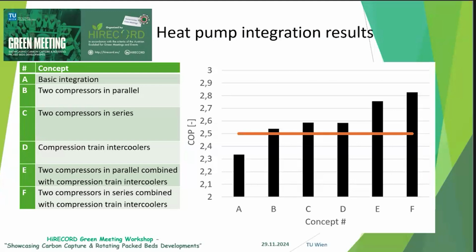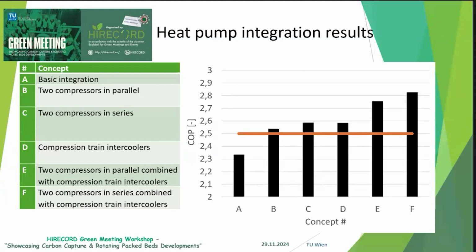What you can see is that all concepts except for the basic integration concept are able to achieve this COP of 2.5. But in the end, I selected the most promising concepts, so concepts E and F, which are the combined concepts, for detailed analysis.